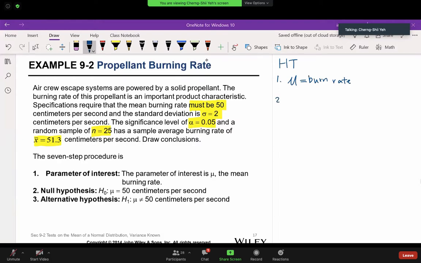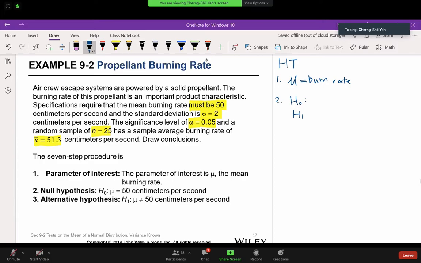Step 2 is a critical step. We are going to write the null hypothesis and alternative hypothesis. This is critical because you really have to set up this step right in order to carry the rest of the calculation correctly. So H0 is what we believe the process is.